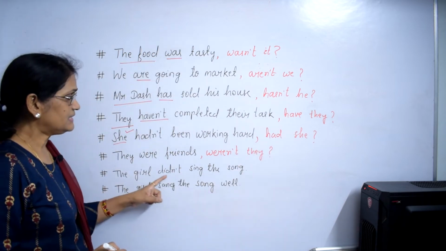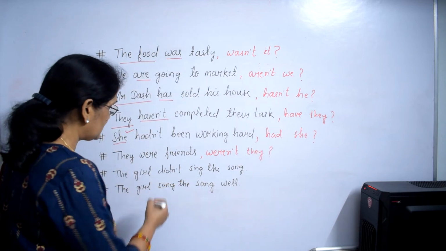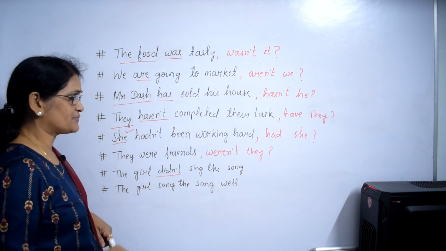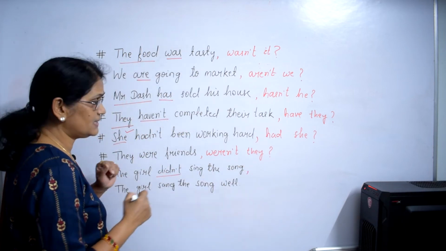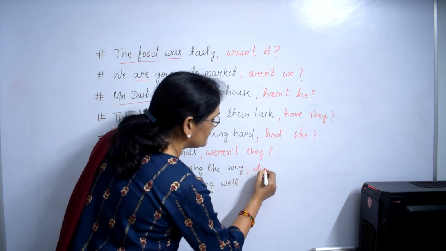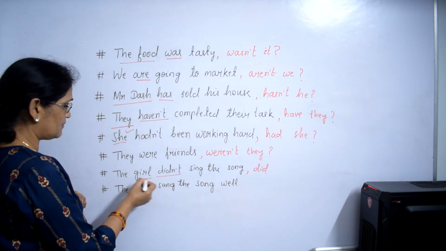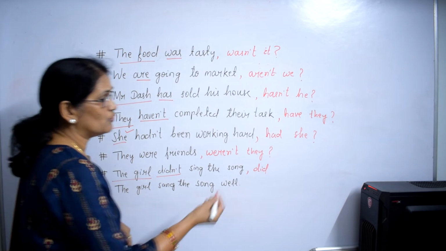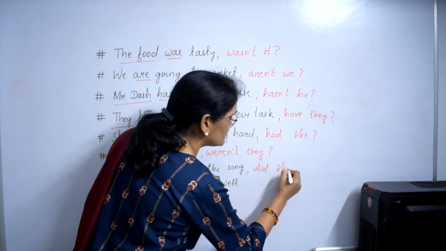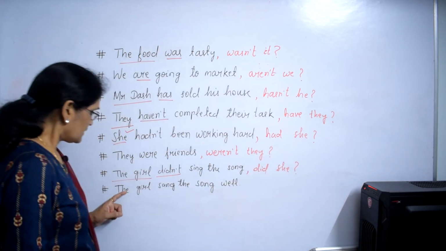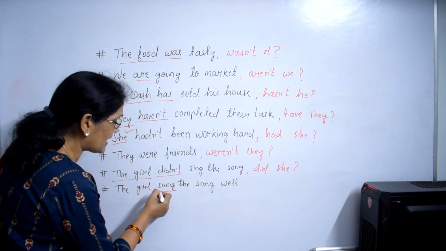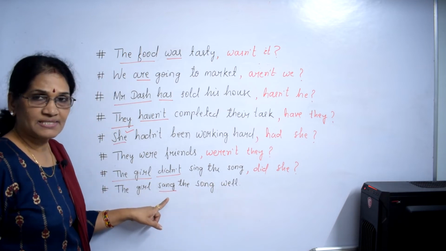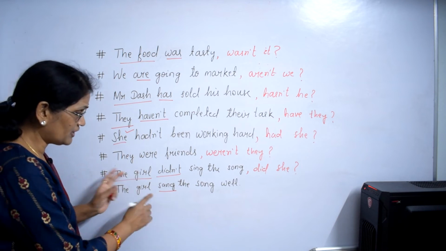The girl didn't sing the song. Didn't. Negative statement. Add a positive tag. Comma. Didn't will be did. Did, and for the girl, what pronoun will come? She. Question mark. The girl sang the song well. Here the verb is sang, simple past. For simple past there is no auxiliary verb.